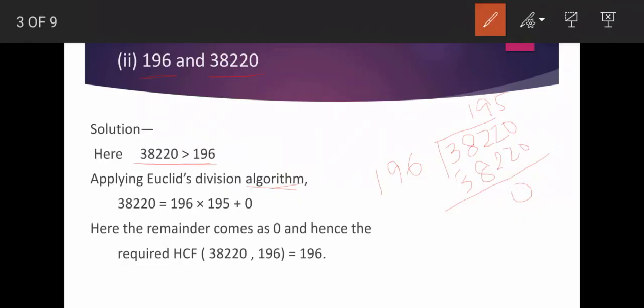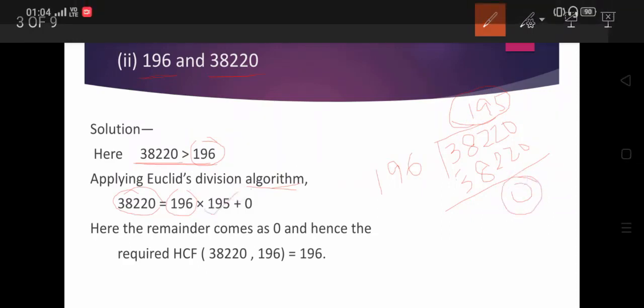So in this case, the bigger term is taking the place of the dividend, while the smaller number is taking the place of the divisor. Then when we perform the division, we got 195 as the quotient, while 0 comes as the remainder.